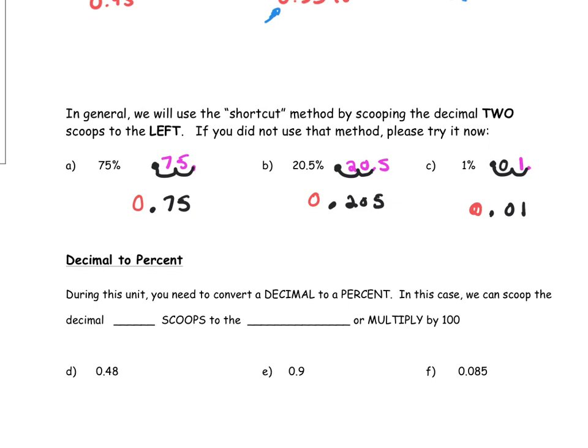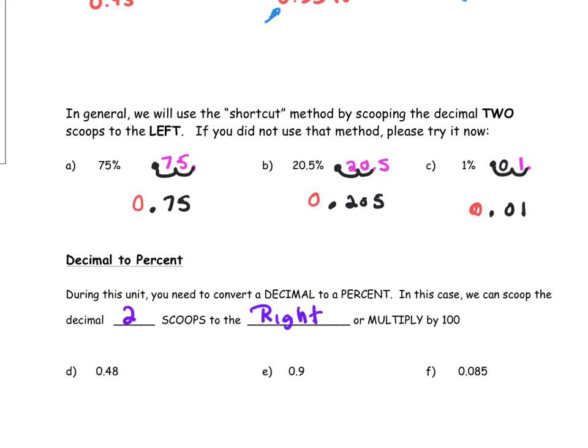So finally, today we're going to convert decimals to percents. And during this unit, you might need to convert a decimal to a percent. In this case, we can scoop the decimal. You may have guessed it, 2 scoops, but this time it's to the right.